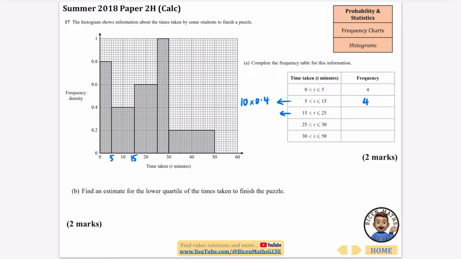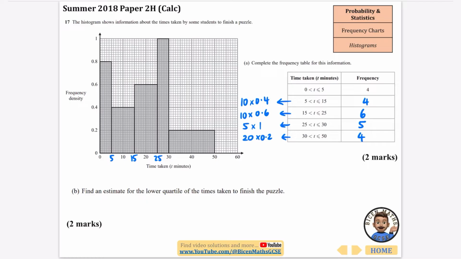Between 15 and 25, the class width is 10 and the height is 0.6, and 10 times 0.6 is 6. We've then got 25 to 30: the class width is 5 and it goes up to 1, so that's 5 times 1. Our last bit, between 30 and 50, the class width is 20 and it goes up to 0.2. 20 times 0.2 is 4. This is all the stuff we needed. It's literally just a bit of multiplication.